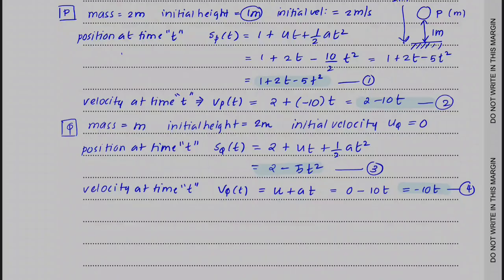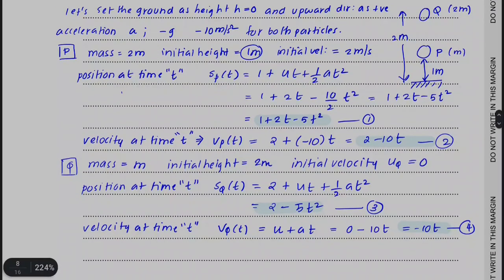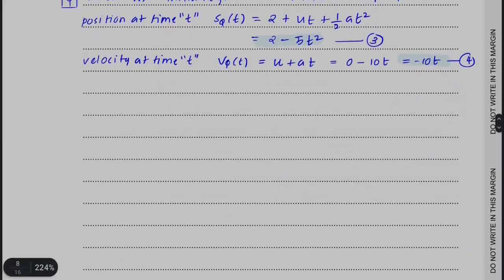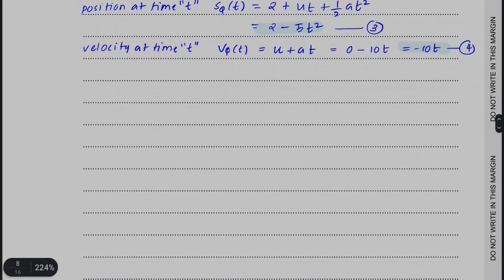Our next objective is not to find the expression, but to find the exact value of the velocity during the time of its collision. But note the logic that we are trying to use here. With respect to the ground, the particle q is at a height of 2 meters, isn't it?